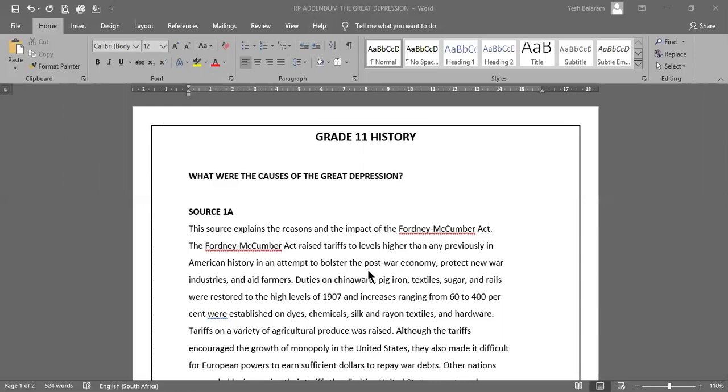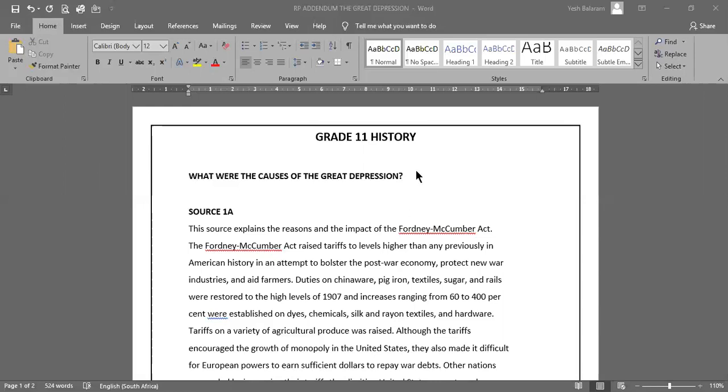Now, before we do this, just a recap on how you are expected to answer. Remember, this is preparation for grade 12 examinations. Step 1, you will refer to the key question in the source.